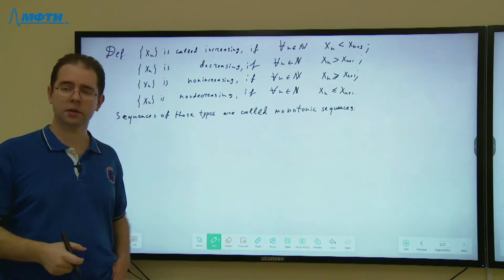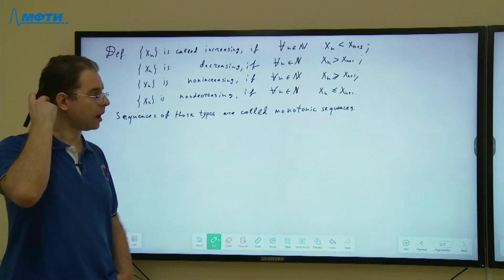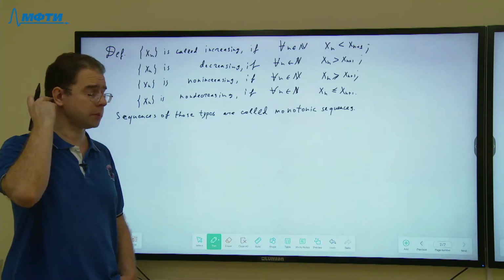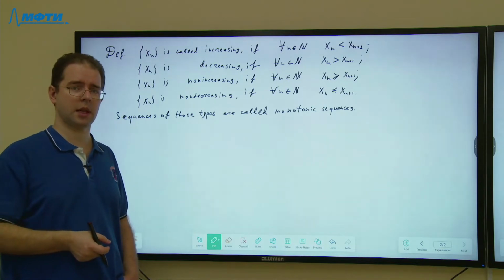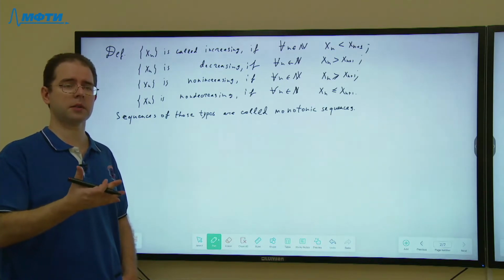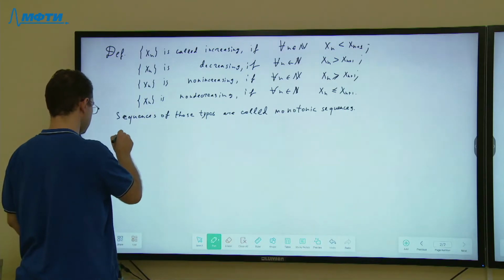I remind you a definition of a bounded sequence. Well, actually, I will need bounded above sequence. This is nothing new for you. This is just a definition of a bounded above set. But I will remind you anyway.